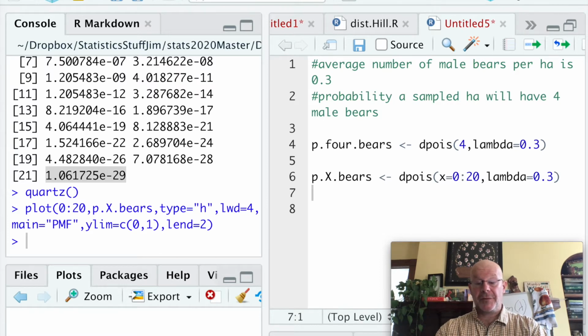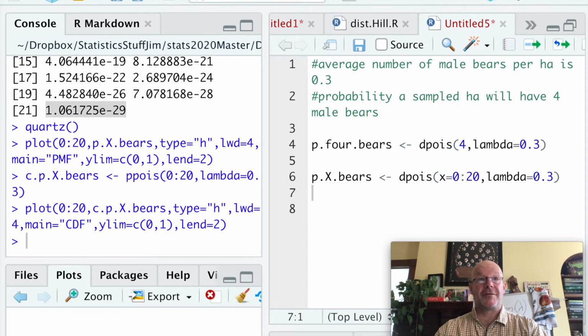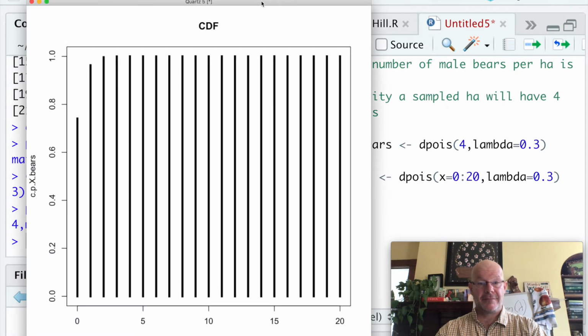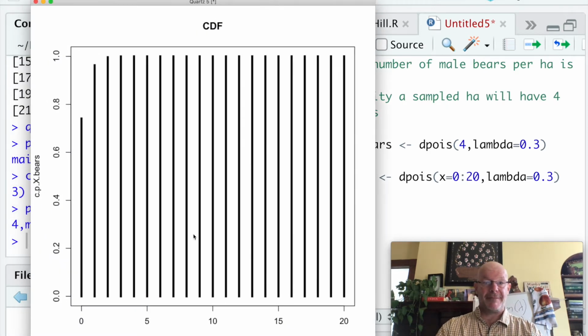And then we can also think about what the cumulative distribution function might look like for that. So this again is the same information, just plotted in a different way. So this is the probability of there being 0 bears, which was 75-ish%. And then this would be the probability of there being either 0 or 1.